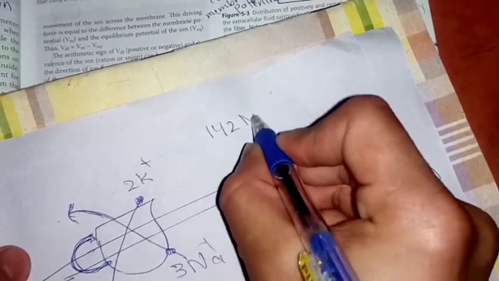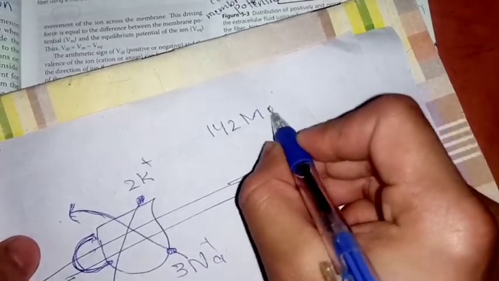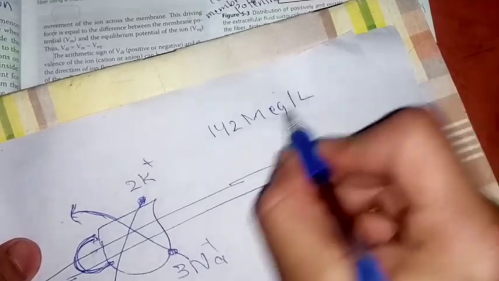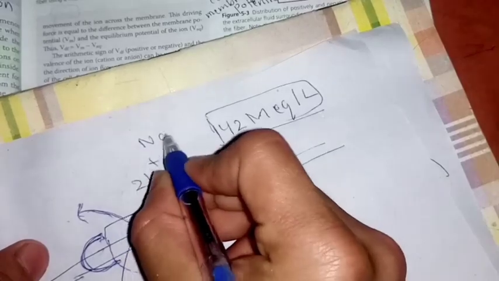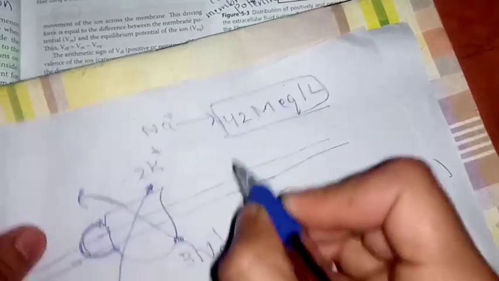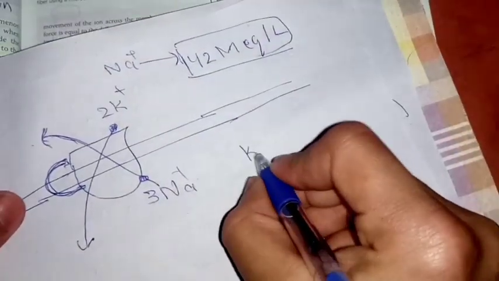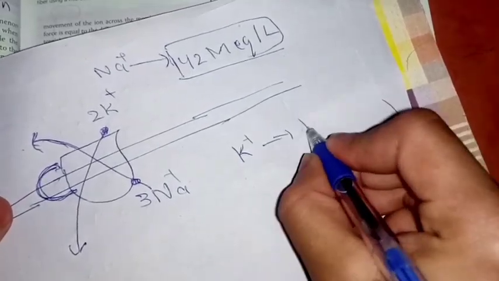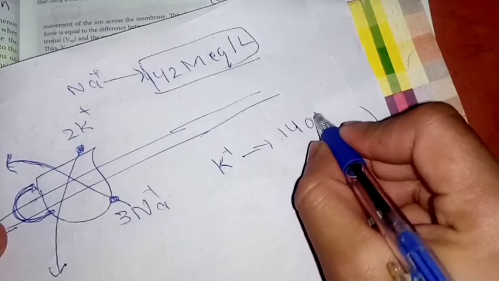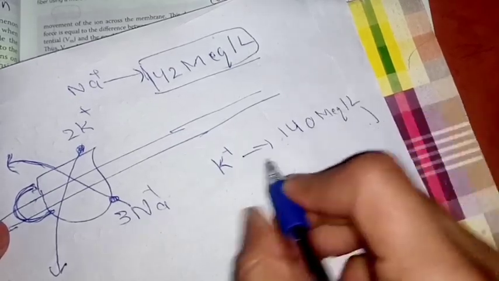Now, when this pump is activated, it produces the concentration difference: 142 milliequivalents per liter of sodium accumulate in the extracellular fluid. The accumulation of potassium inside is 140 milliequivalents per liter.